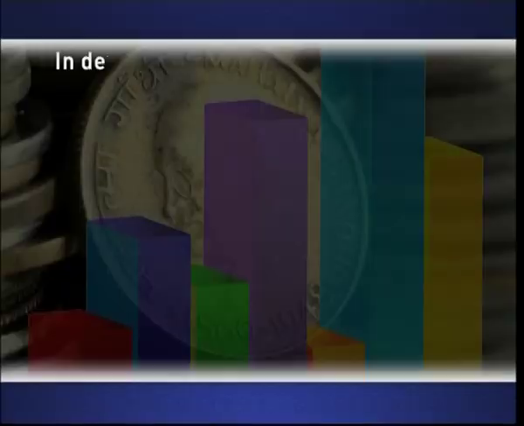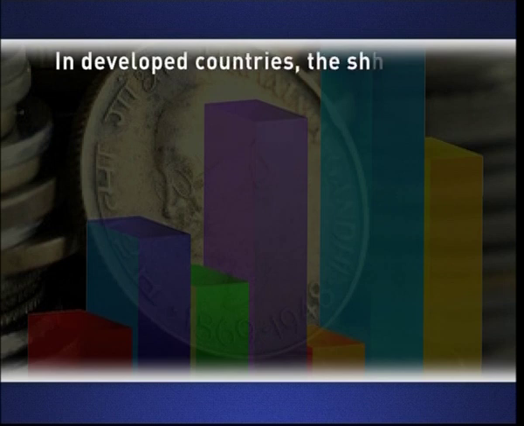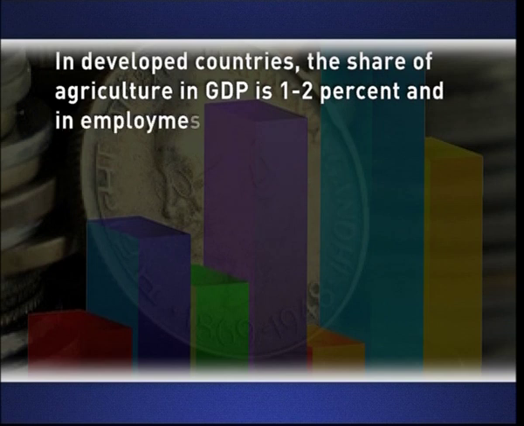There is generally a high degree of symmetry between the share of GDP and employment in different sectors. Historical data reveals the same pattern of distribution of national income and employment in developed countries. In developed countries, the share of agriculture in GDP is 1 to 2%, and in employment it is 1.2 to 4%.